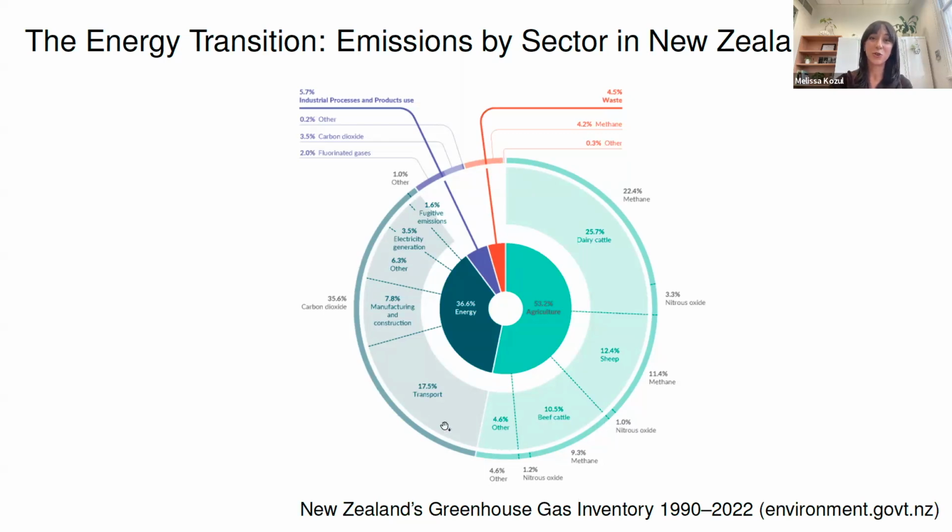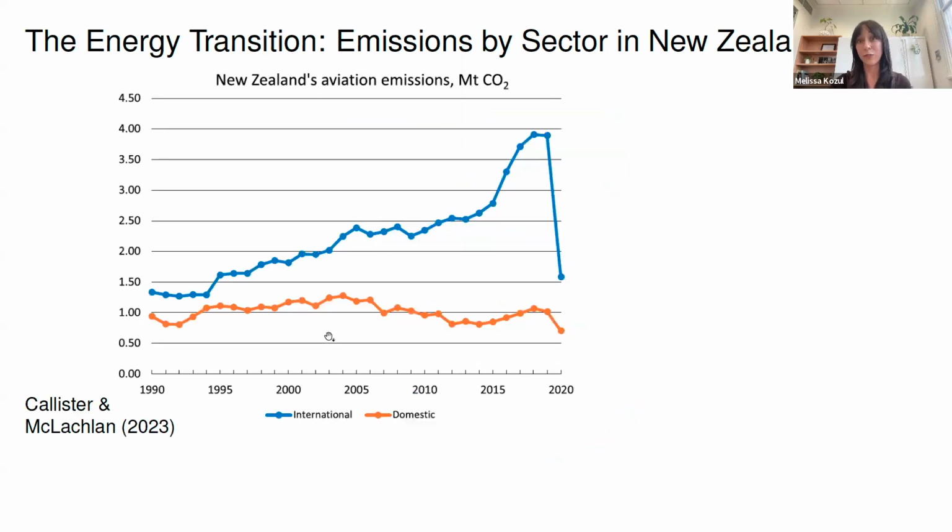However, you can see that the transport emissions are quite high, and a lot of it is actually related to aviation because of New Zealand's position in the world, and also a high proportion of people having origins from other countries. So there's a lot of travel back and forth to New Zealand. And obviously, you can't take the train overseas, so you need to get on a plane.